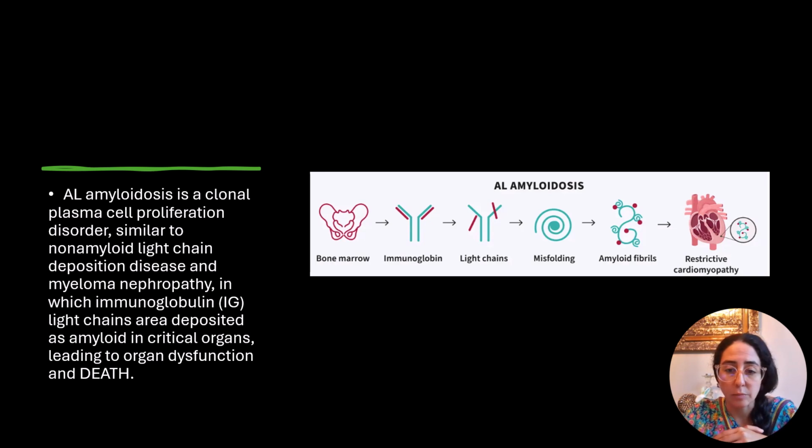I got it from online. It shows how the bone marrow is creating the immunoglobulin light chains, but there is an excess of them, which causes misfolding and eventually amyloid fibrils, and these go to different organs and start producing organ failure.